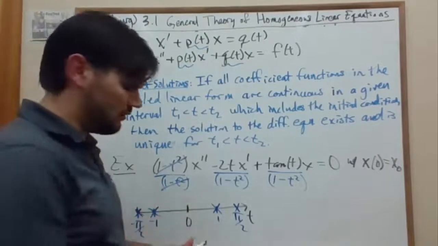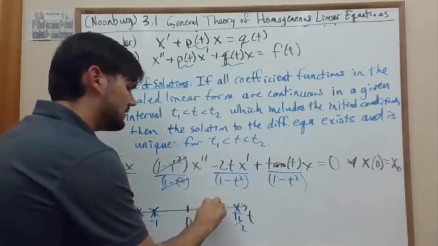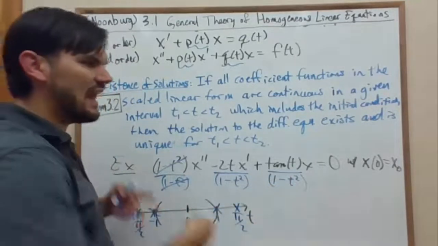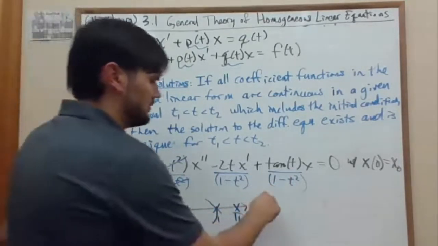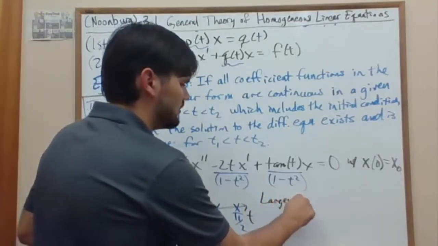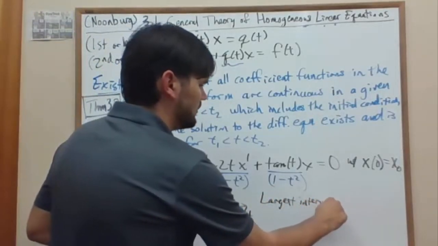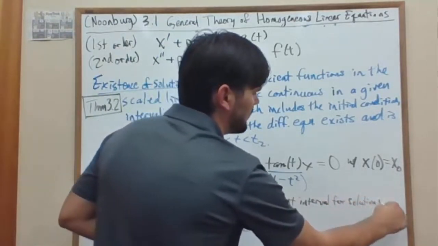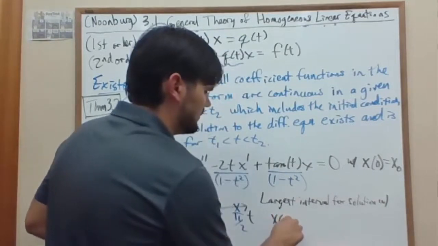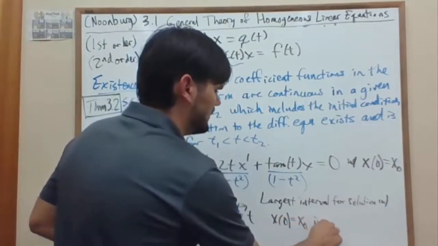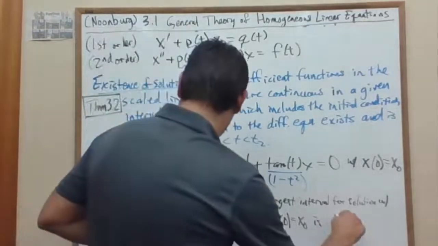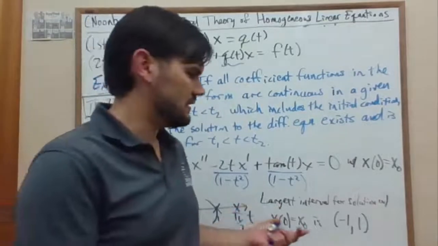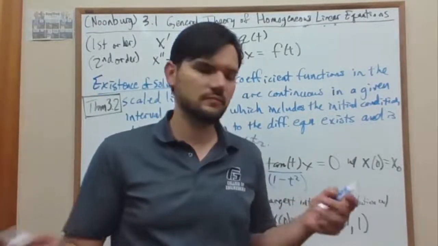Okay, so we know that the biggest interval over which this differential equation has a solution, the largest interval for solution with x sub 0 equals x naught, is negative 1 to 1, or t between negative 1 less than t less than 1.